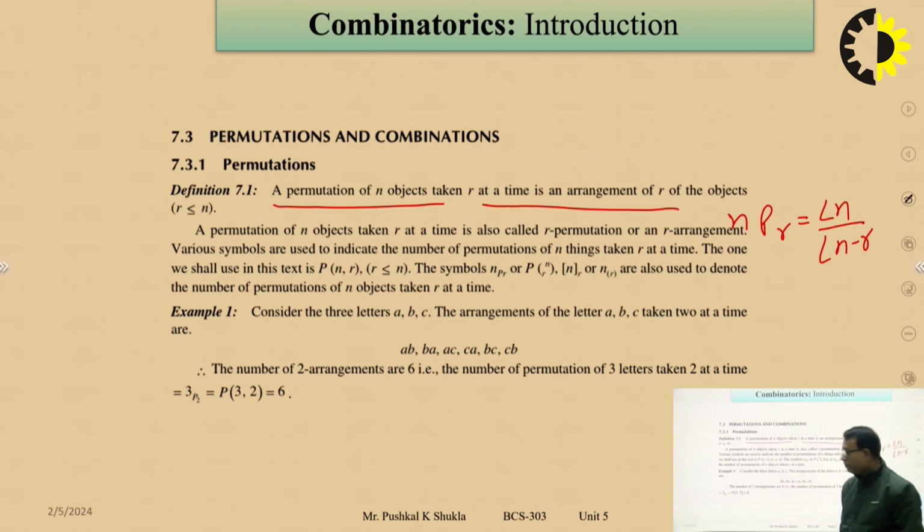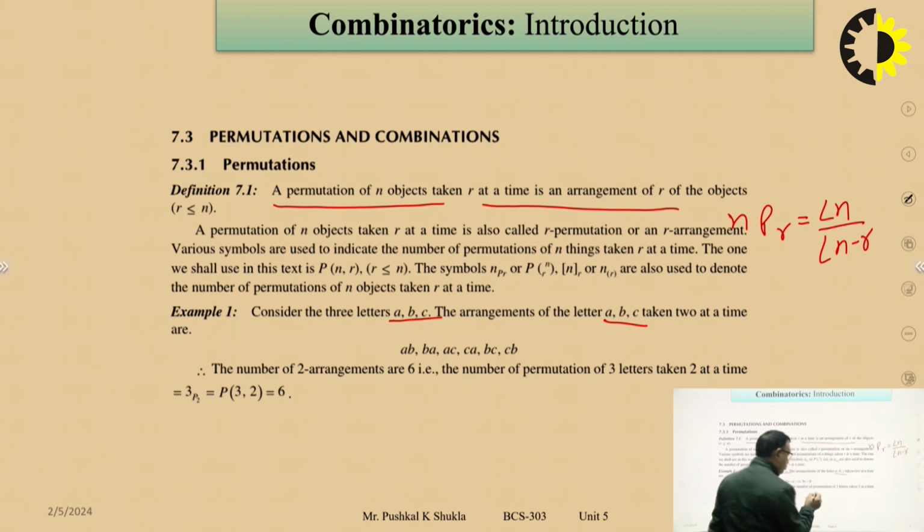For example, consider the three letters A, B, C. The arrangement of the letters A, B, C taken two at a time is 3P2.